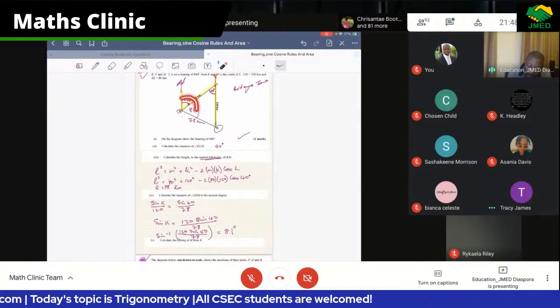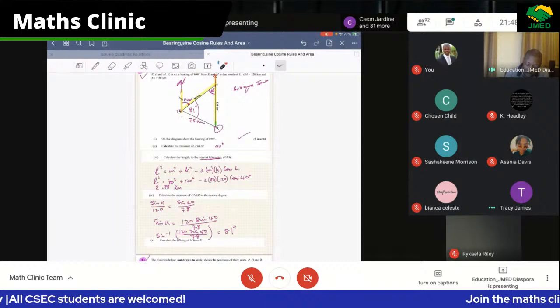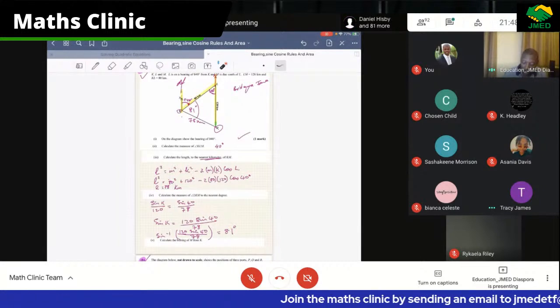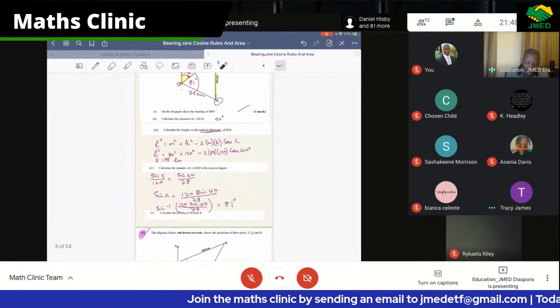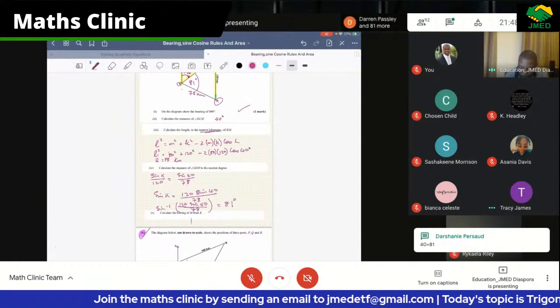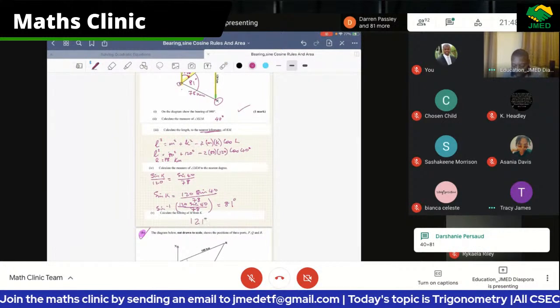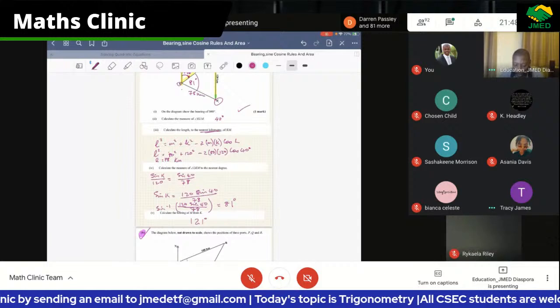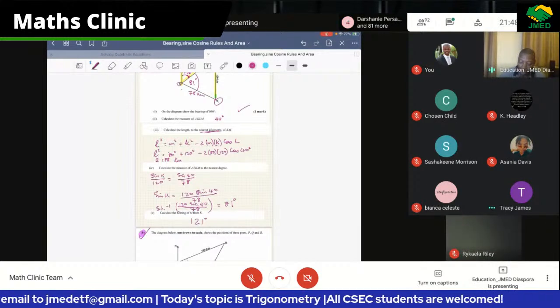So what we would need to have here is 40 plus 81, which is 121 degrees. So the bearing would be 121 degrees. Is that clear?